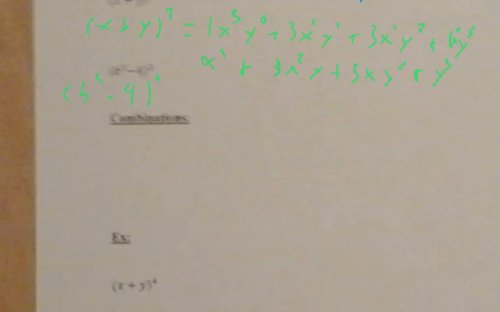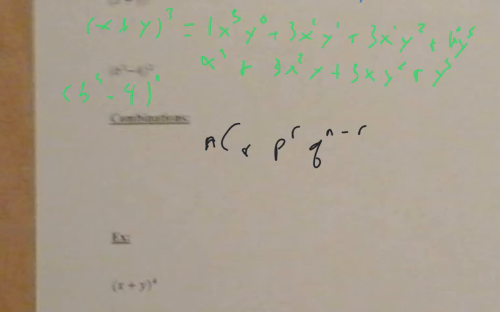Combinations is written as nCr, p to the r, q to the n minus r, and these are all multiplied together. This is going to be in your calculator, so get your graphing calculator out, and I'm going to tell you how to use combinations.